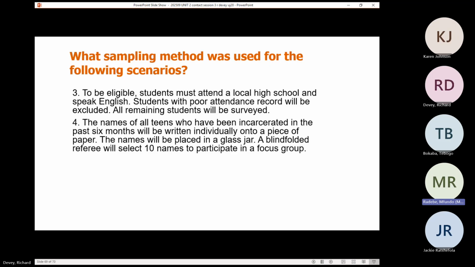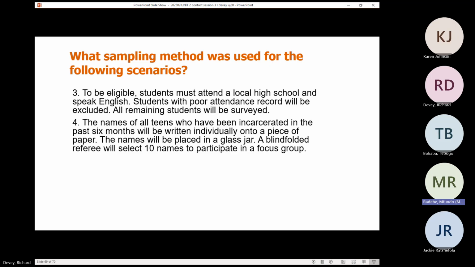I would say it's a non-probability sampling. Why non-probability sampling? It is because, yeah, it's non-probability sampling if there is judgment that is involved. This is a purposive or judgment sample.